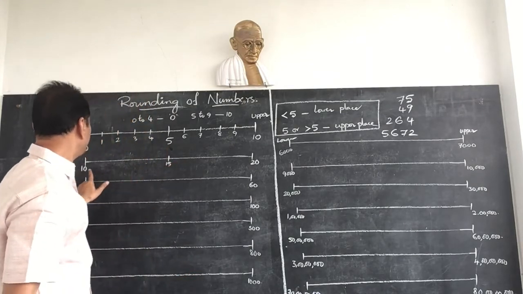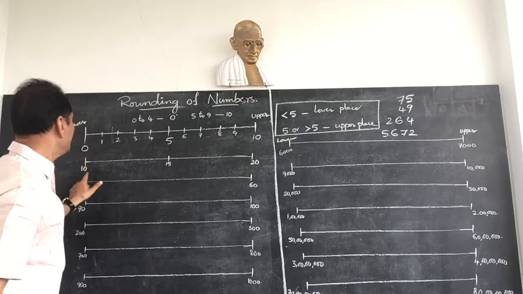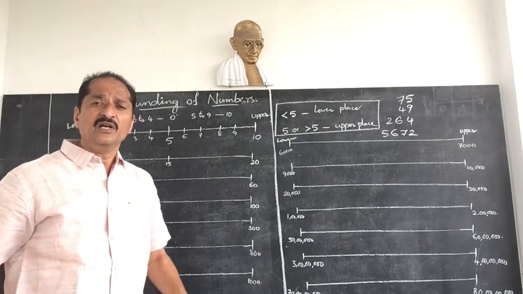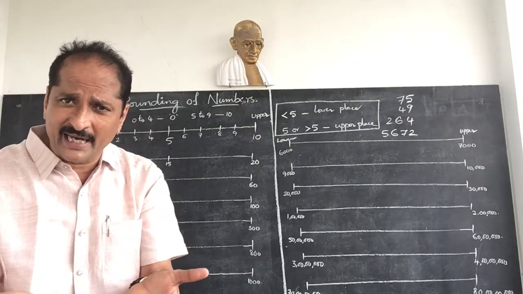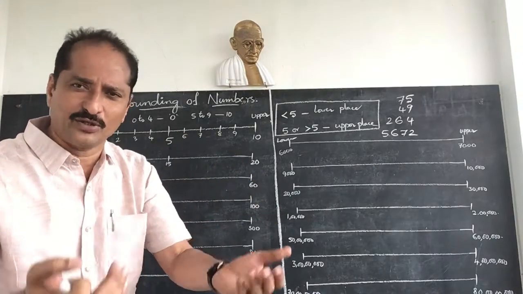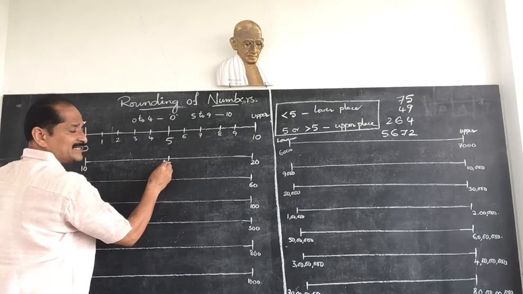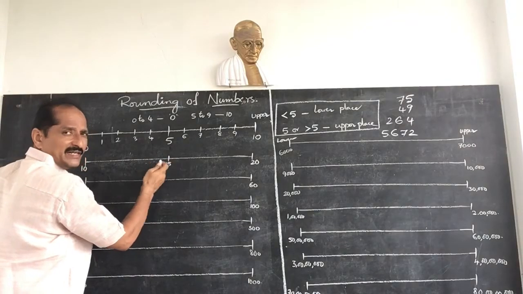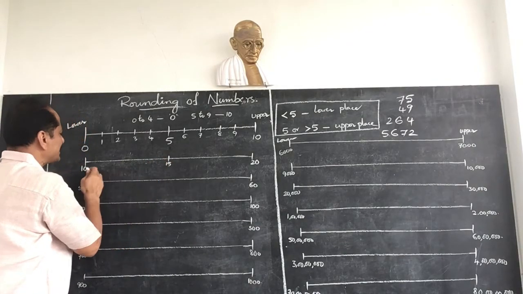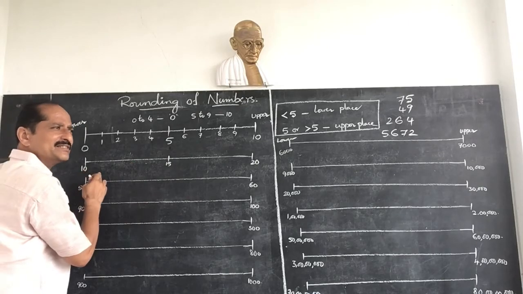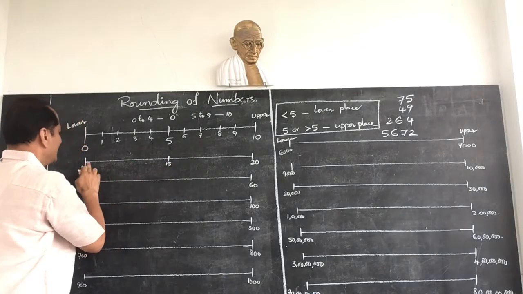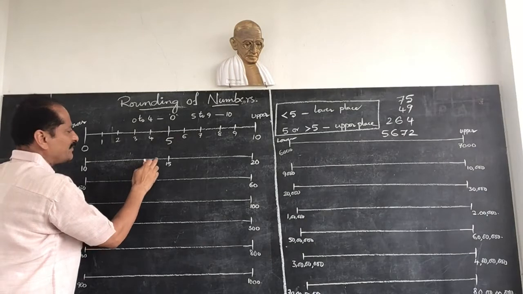In the same way, you observe carefully here, in between 10 and 20. Which numbers can be rounded to 10 and which numbers can be rounded to 20? That we can see here. So, the numbers less than 15, all can be rounded to 10. What are the numbers which are less than 15? 10, 11, 12, 13, 14.